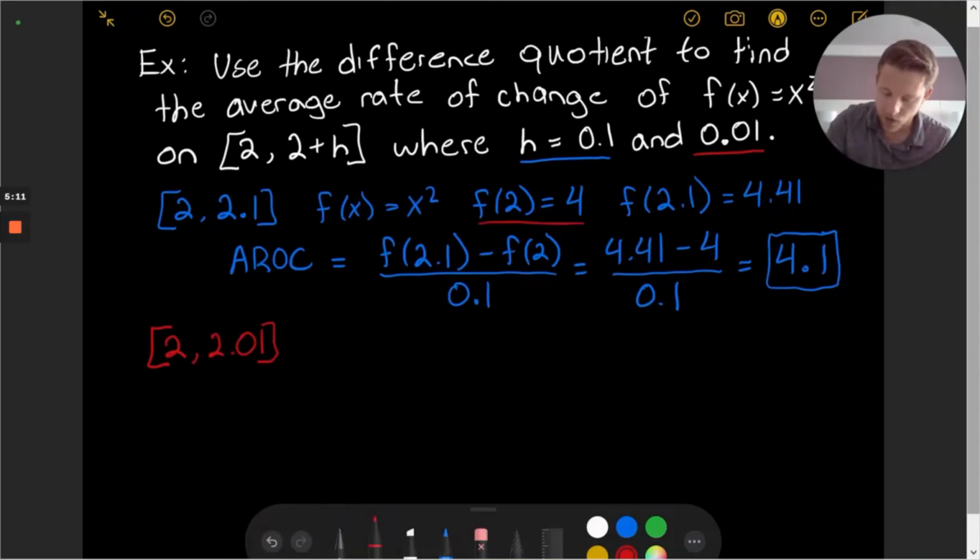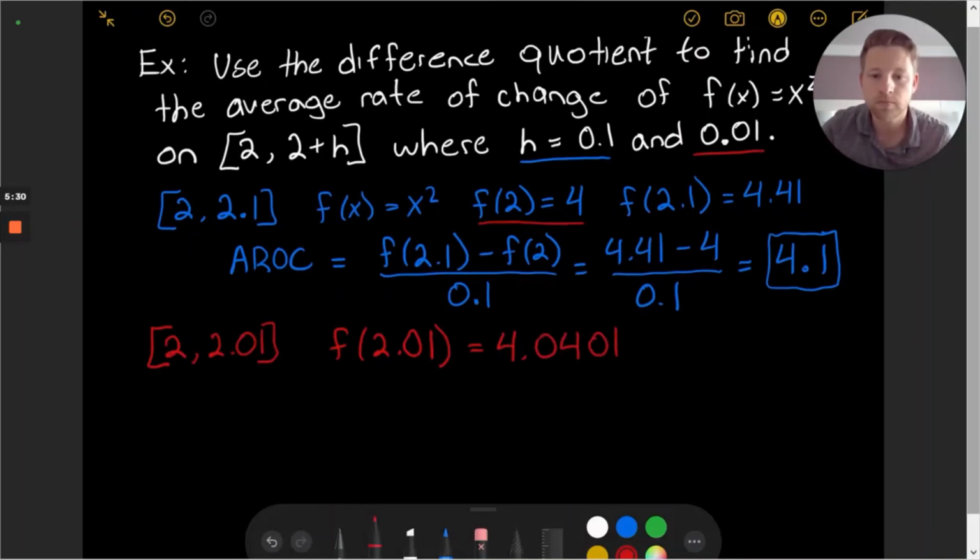My functional value of 2.01 can be found by just squaring this value again. If you square this value, you should come up with 4.0401. And again, here is where h is equal to 0.01.